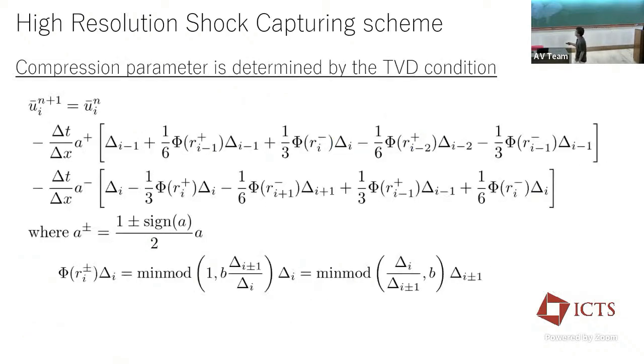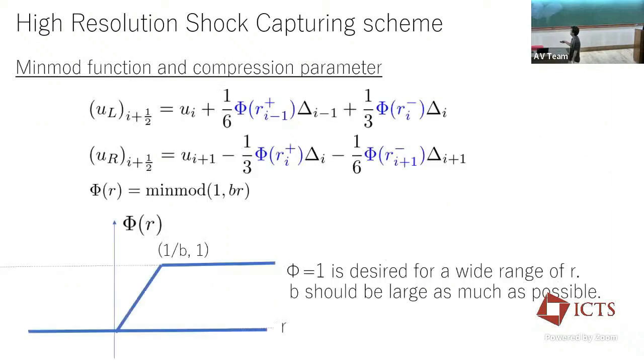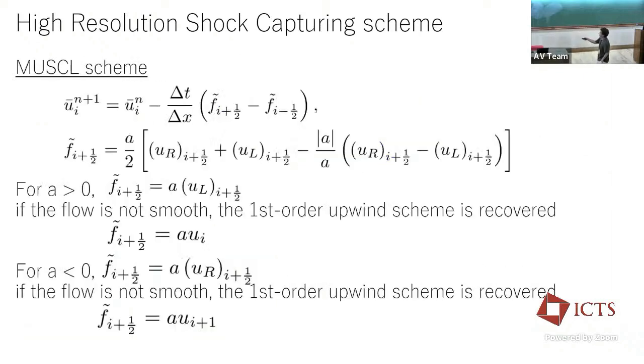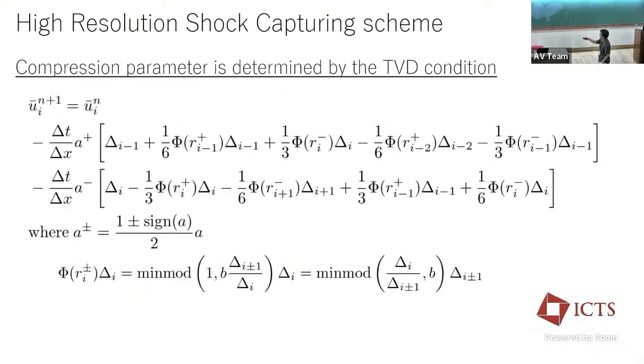So let's calculate the MUSCL scheme by plugging this expression directly in here. This is a messy expression, but you can easily prove that the MUSCL scheme is given by something like this, right?